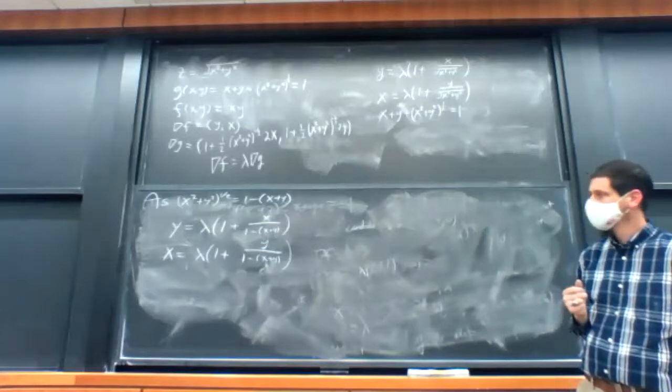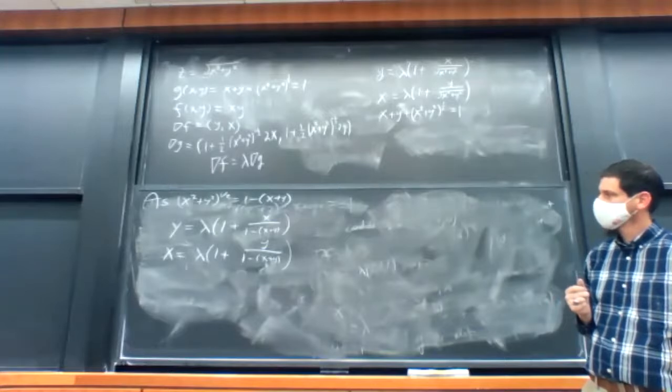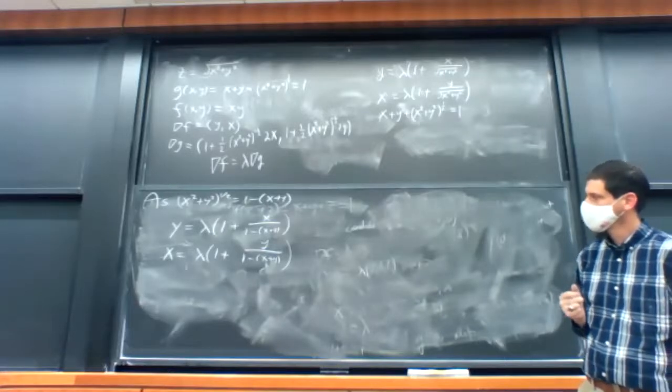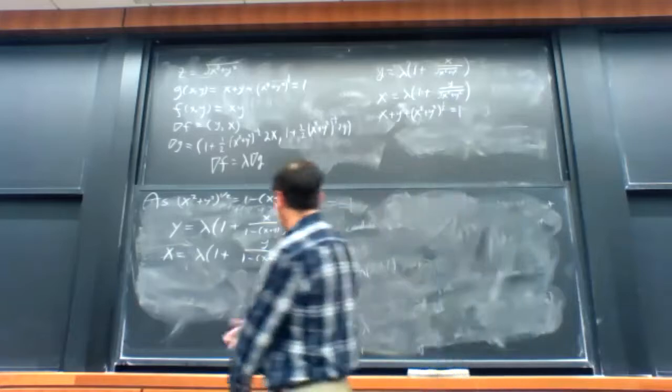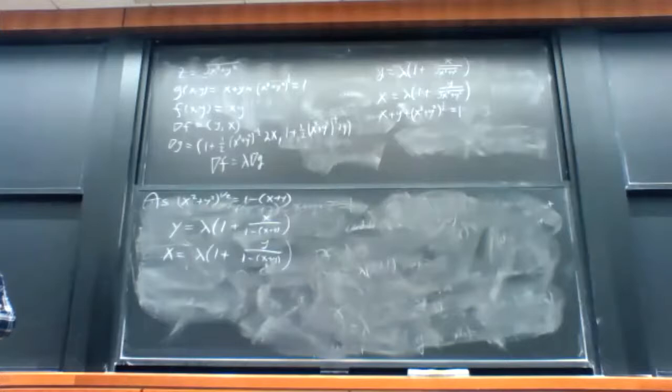Try to get rid of the fraction. So how can we try to get rid of the fractions? What do you mean by multiply by the reciprocal? We multiply by.